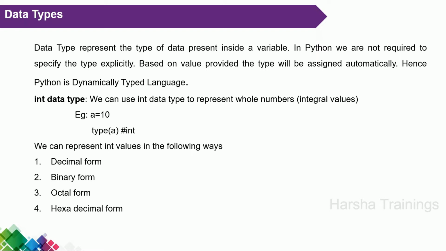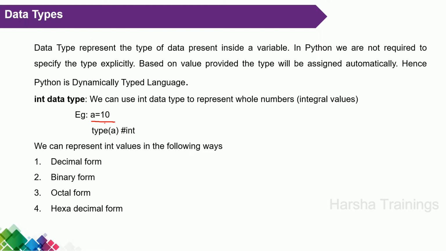Generally these four are the basic data types. And observe carefully, in all these data types, a variable can hold only one value. For example, a is equal to 10. A is an integer variable. How many values can it store?